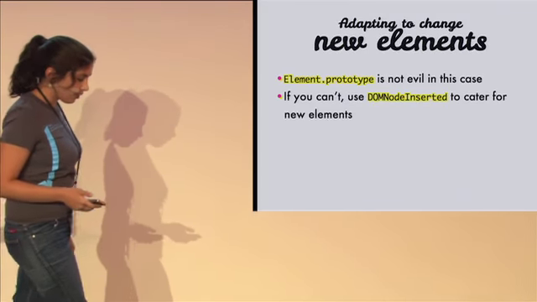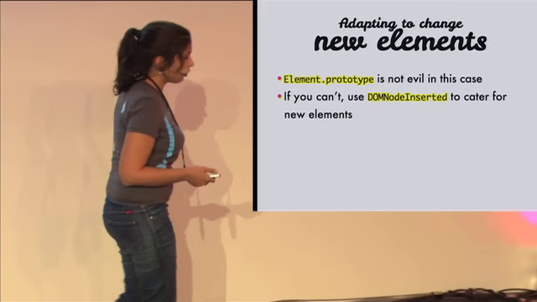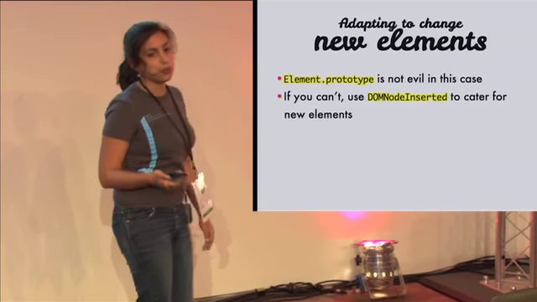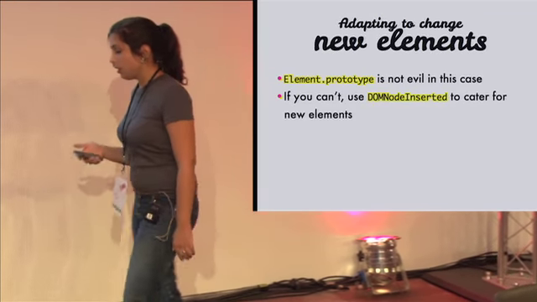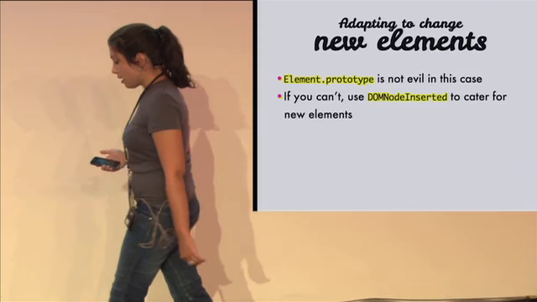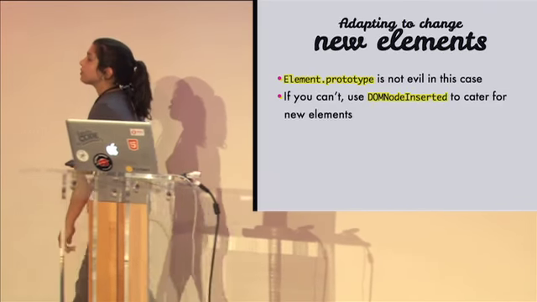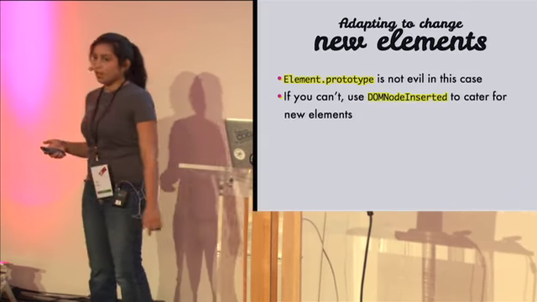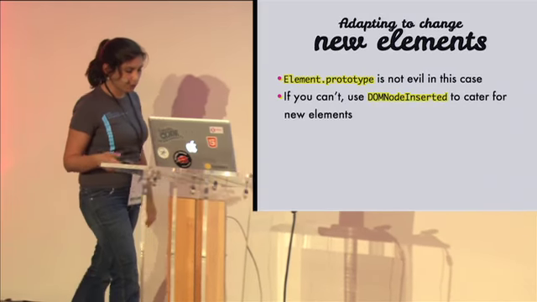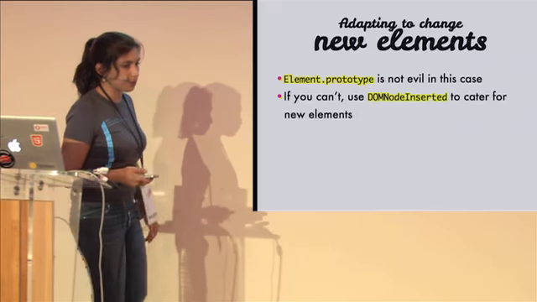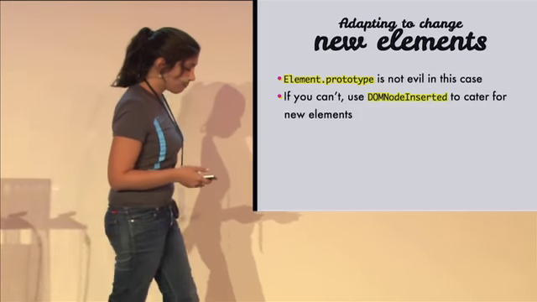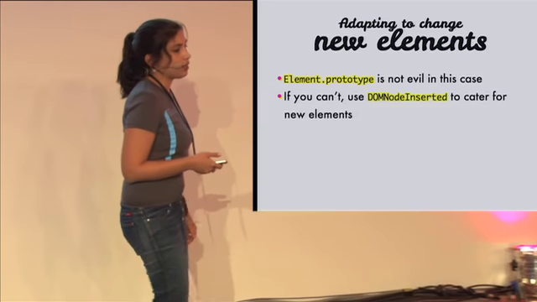Also, the third thing we said is that new elements might get added, for example, through Ajax, through some script. So it's best if our polyfill doesn't break with them, and it's kind of simple to account for them. If we're modifying elements that are already supported, we can just add the methods to the corresponding prototype.